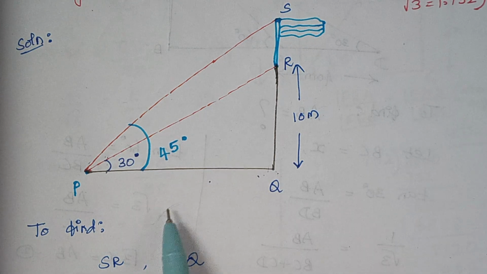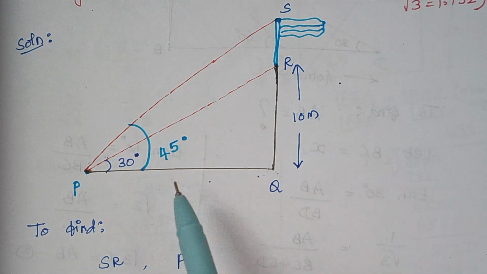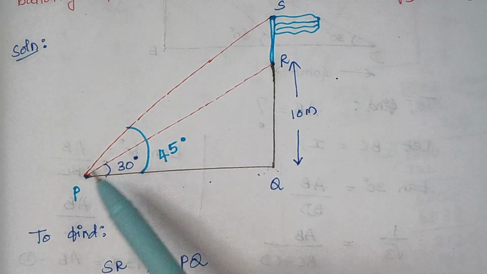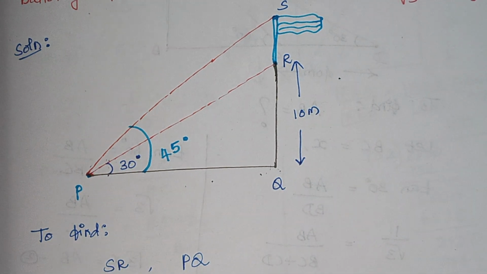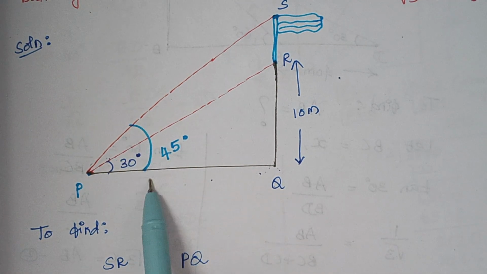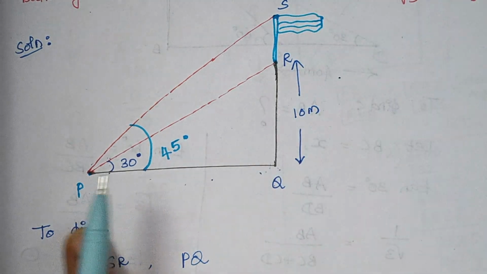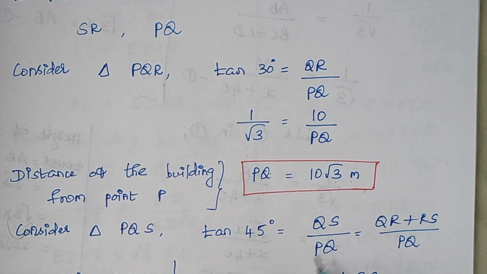Again, this is your opposite side and this will be your adjacent side. So consider triangle PSQ. Again we are using our tan 45 degrees formula. So tan 45 is nothing but the opposite side, which is QS, divided by PQ. This is what I had written here, QS by PQ.